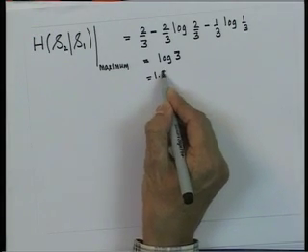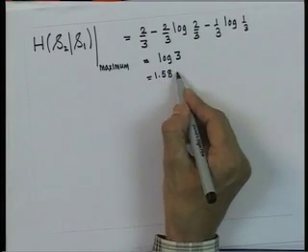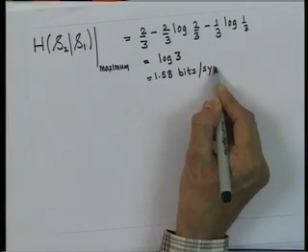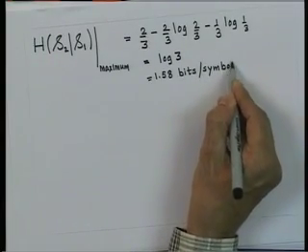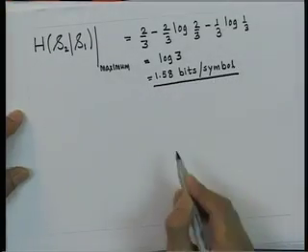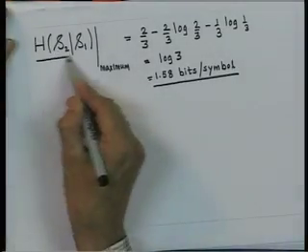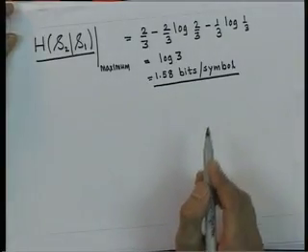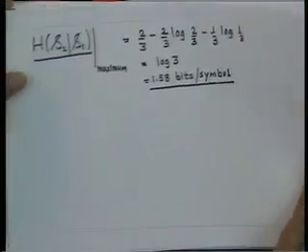This is equal to 1.58 bits per symbol. So, this is the maximum value which I get for this quantity, and this is for arbitrary transitions.